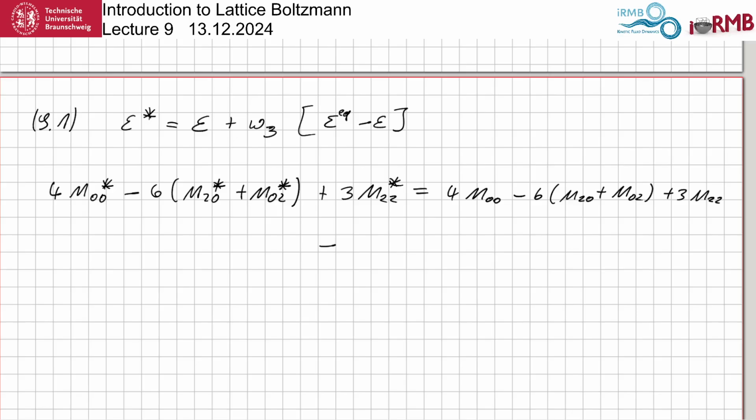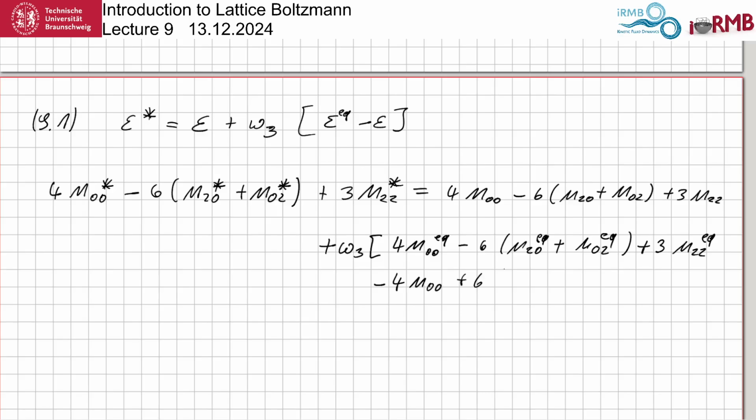Now comes the collision part: plus omega 3 times 4 m00 equilibrium minus 6 m20 equilibrium plus m02 equilibrium plus 3 times m22 equilibrium, minus the same m00 plus 6 m20 plus m02 minus 3 m22.